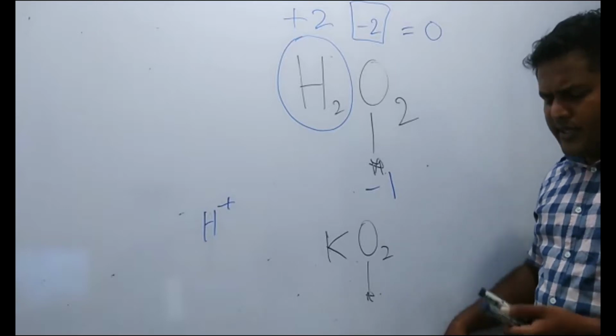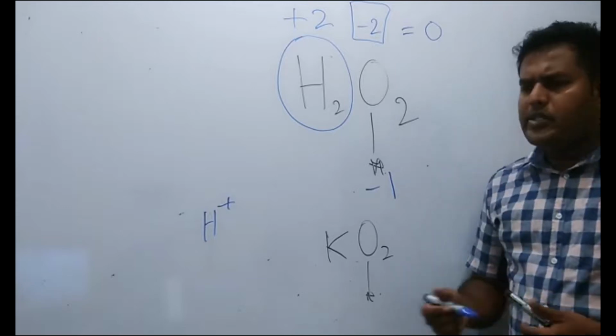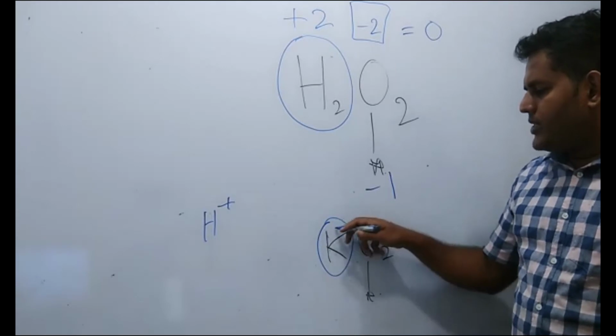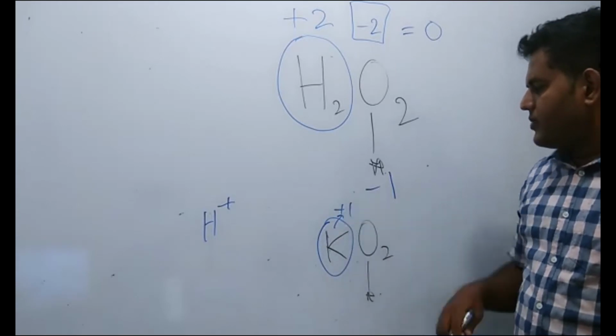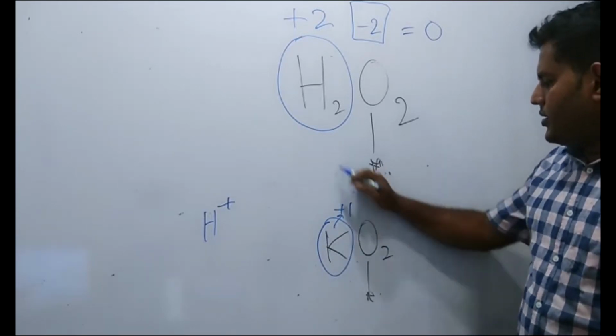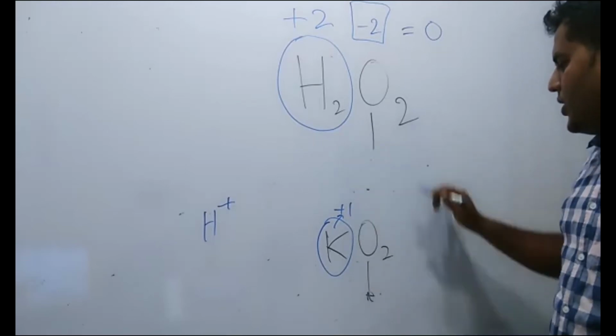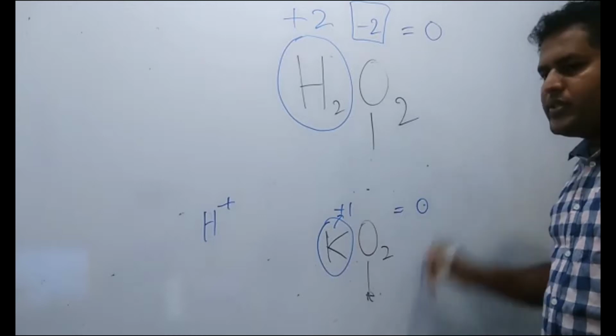You should know the neighboring atom is potassium. The common oxidation number of potassium is plus one. The overall charge is zero, so the oxidation numbers should add up to zero.